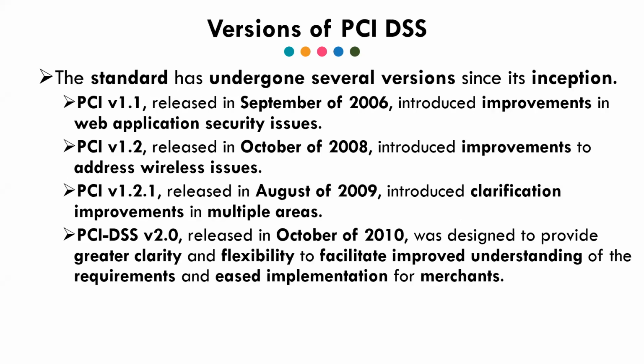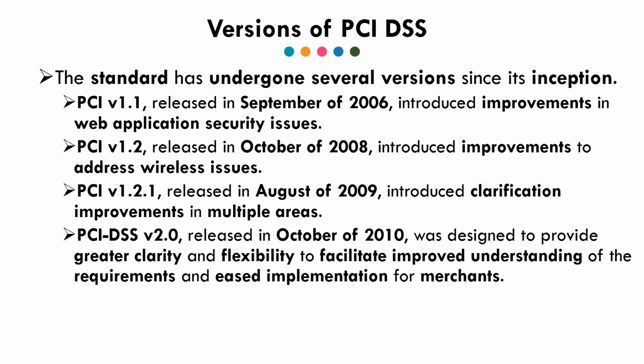So now let's go to the versions of PCI DSS so far, right? PCI DSS started with version 1.1. That was in September 2006. And around 2006 was when the PCI Council was formed by the major card brands, including Visa, Master, American Express, Discover, JCB, right?